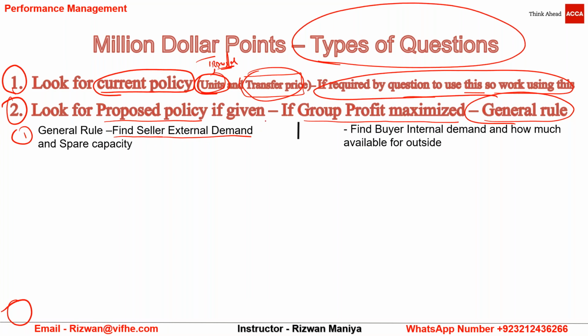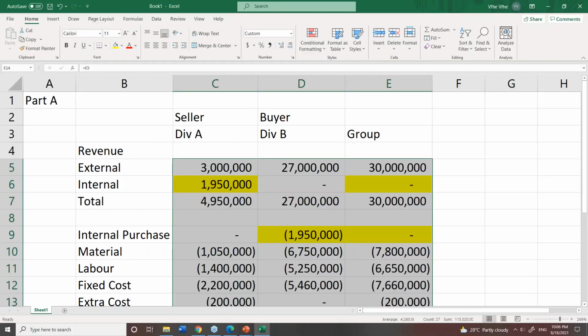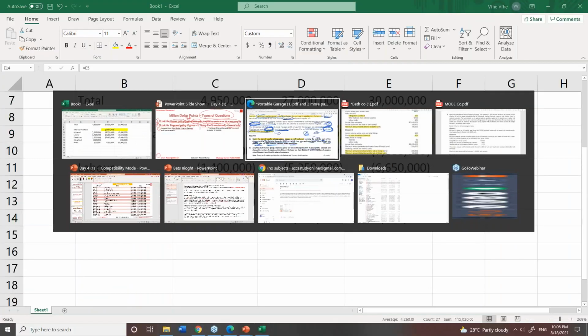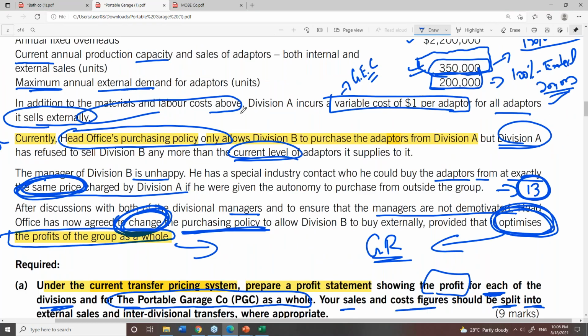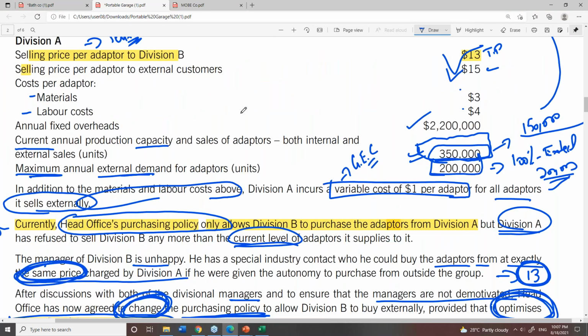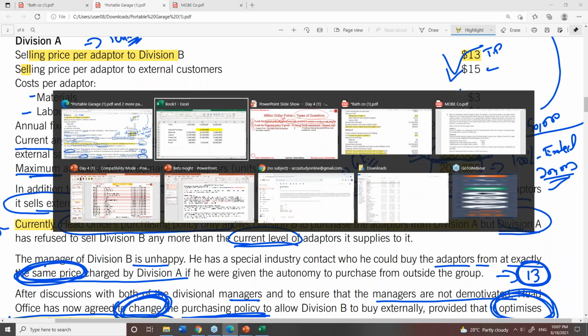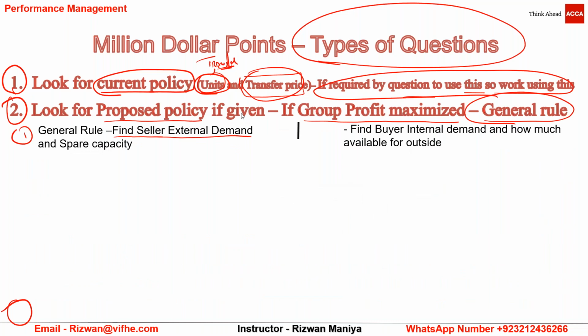Just hold on, be with me. Don't conclude on anything. I'm teaching you a very good principle, and you can solve any question after that, not just this one. So 200,000 is the external demand, 350,000 is the total capacity.